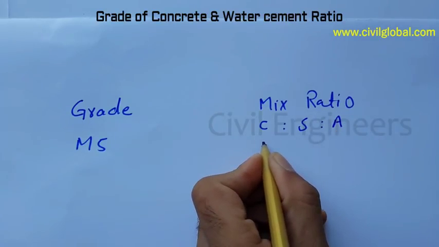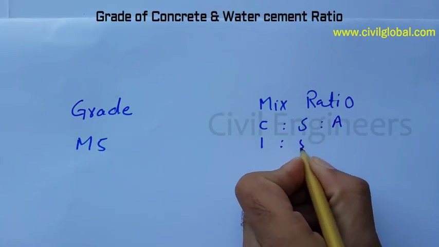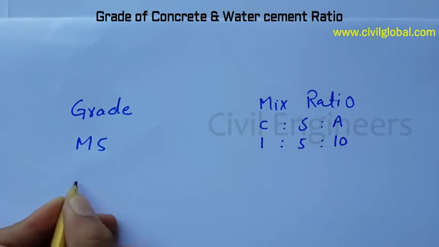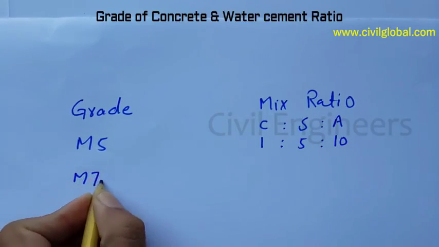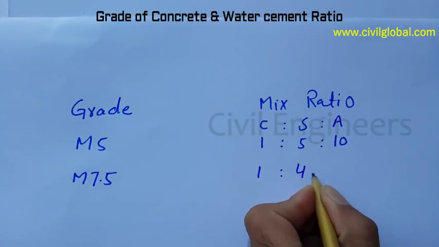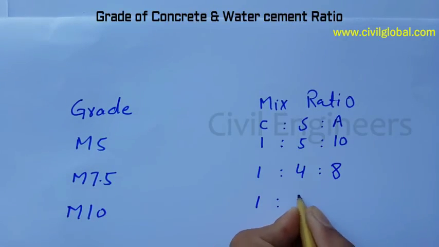For M5 we take 1 cement, 5 sand and 10 aggregate. For M7.5 we take 1, 4, 8. For M10 we take 1, 3, 6.